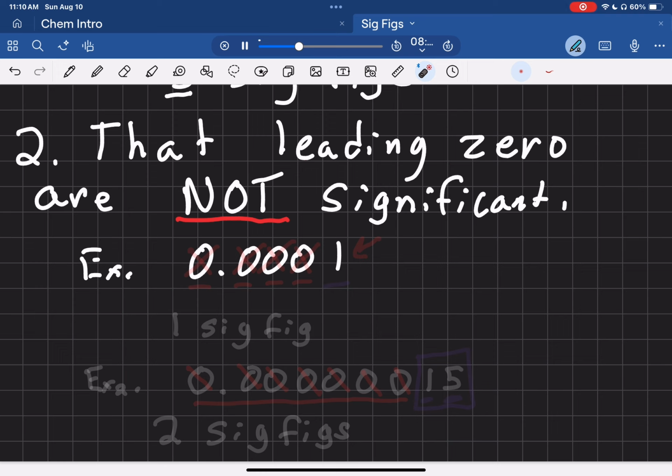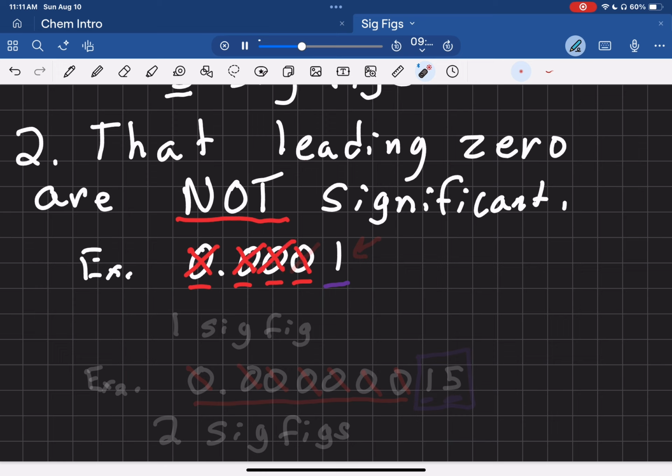Just like we discussed before, we first have to identify what kind of zeros they are. Since they're in front of a non-zero integer, we would say that this number, this number, this number, and this number right here are all leading zeros. And therefore, based on rule number 2, are not considered to be significant. So we're going to cross those out.